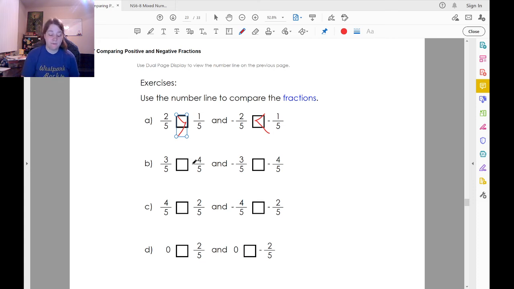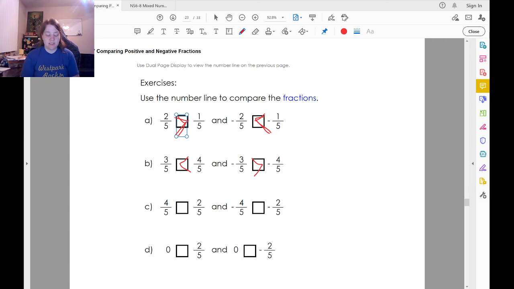I'd rather have 4/5 of a pizza. Would I rather give away 3/5 or give away 4/5? I'd rather give away 3/5. You can see that the direction changes when we flip-flop both of the integer signs.